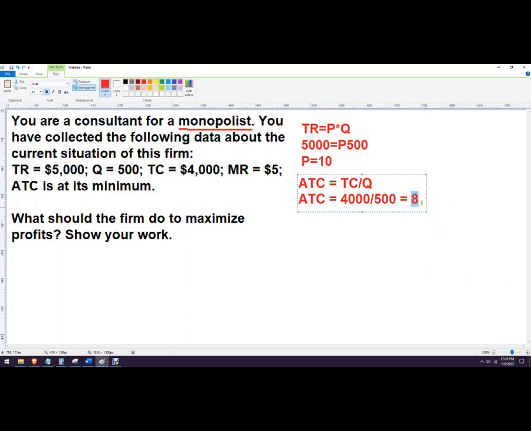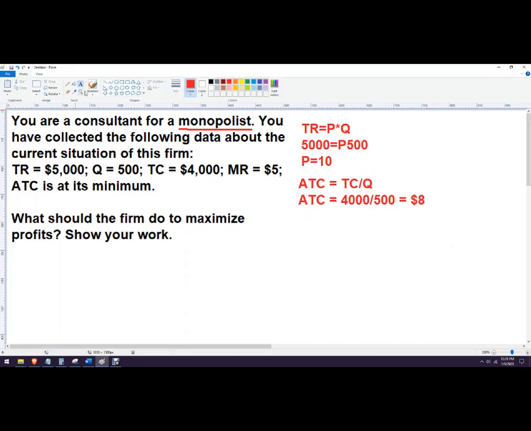So our average total cost is $8 at this level of production. Now they're also telling us that average total cost is at its minimum. That means that marginal cost equals average total cost at that point.